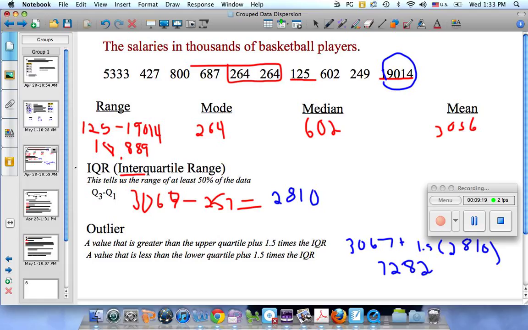Okay, so is LeBron's salary over there greater than this number? Yes. So he's what we call an outlier. He really shouldn't be grouped with these other salaries because his salary is so far out there, it doesn't make sense. And, right, his basketball skills are so far out there, that's why he gets paid the most money. Likewise, you can do the same math to see if there's an outlier on the lower end. And if it comes below that, then somebody's an outlier on the lower end.